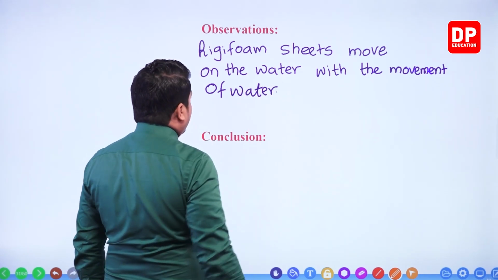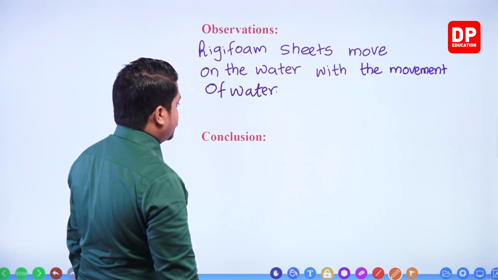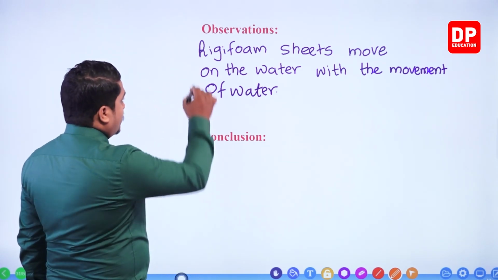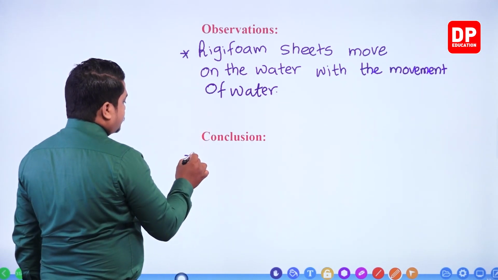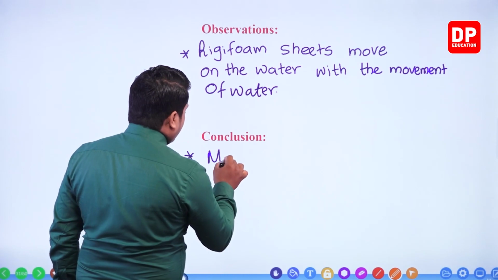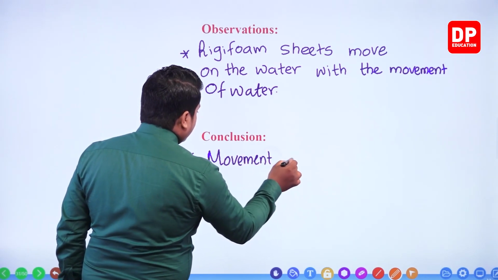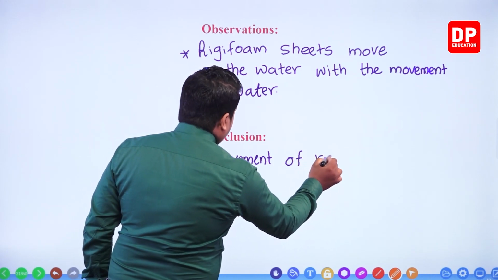Right. So rigiform sheets move on the water with the movement of water. So the conclusion is what then?